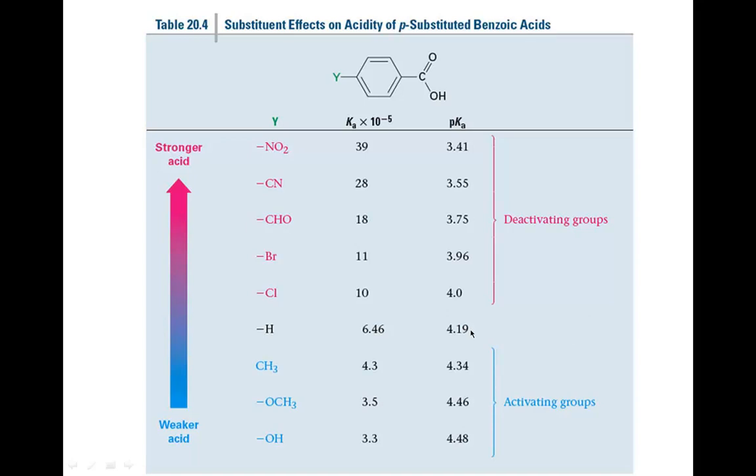So plain benzoic acid's about 4.19. We had the halogens, which were electron withdrawing, but also ortho-para directors, and so their electronegativity wins out, and that's why the dipole moment was toward the halogen, and so they're a little bit more acidic.